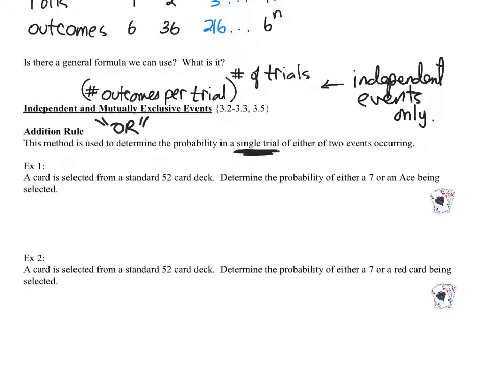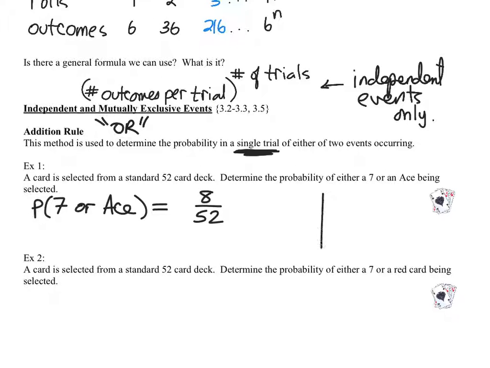All I'd be looking for when I'm looking for the probability of getting a 7 or an ace would be the unique cards in the deck that are either 7 or ace. And how many of those are there? 8 of them, right? So you could jump right to that and say 8 out of 52.